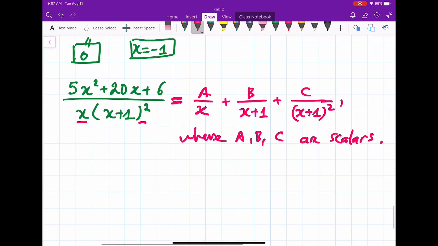So if you can find a, b, and c, you already break the function into 3 functions, and you can see that we can integrate each function easily.